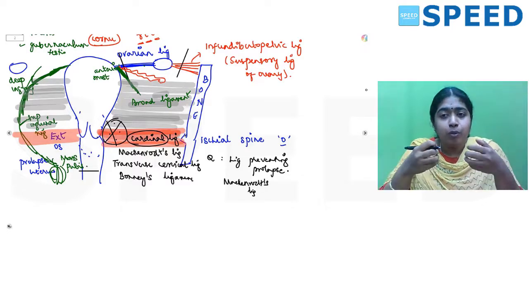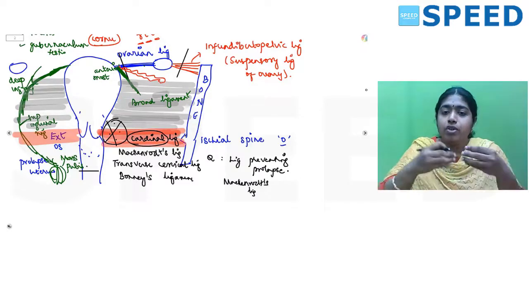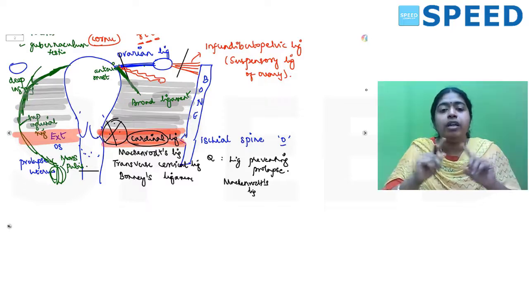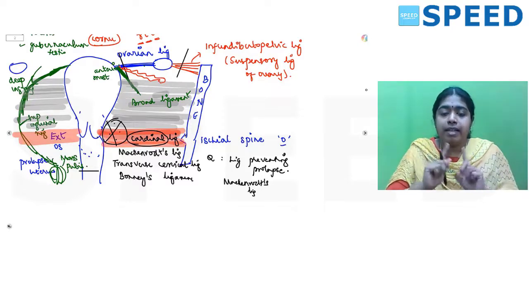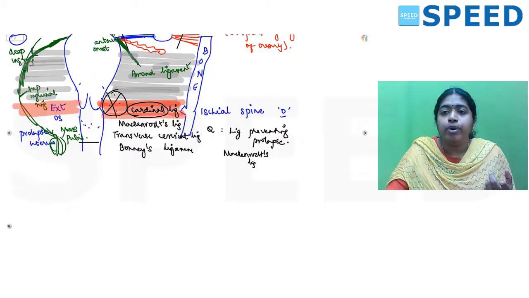But to prevent the uterus from descending, the lower part of the uterus, that is the cervix, is held very tightly by a very strong ligament attached to the bone, and that is the cardinal ligament. Imagine the cervix is not only attached laterally to the bone, it is attached all around, 360-degree circumference, very tightly, preventing prolapse.